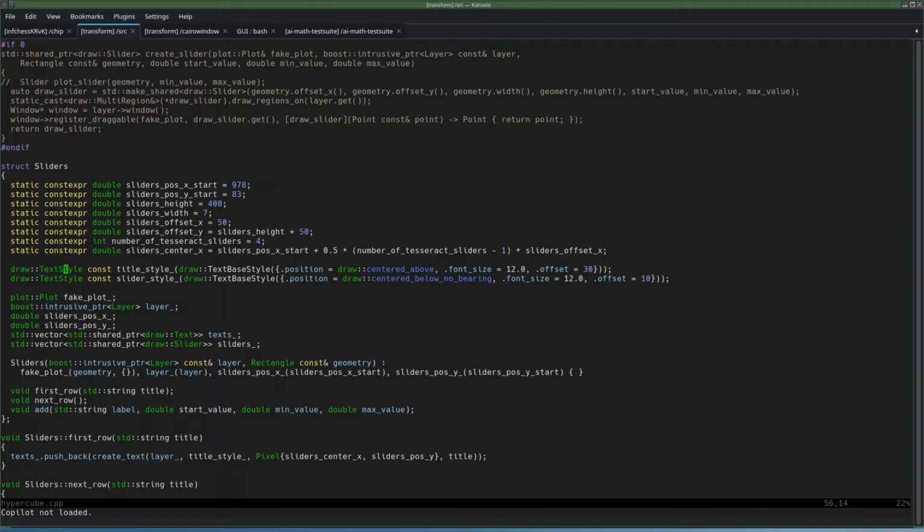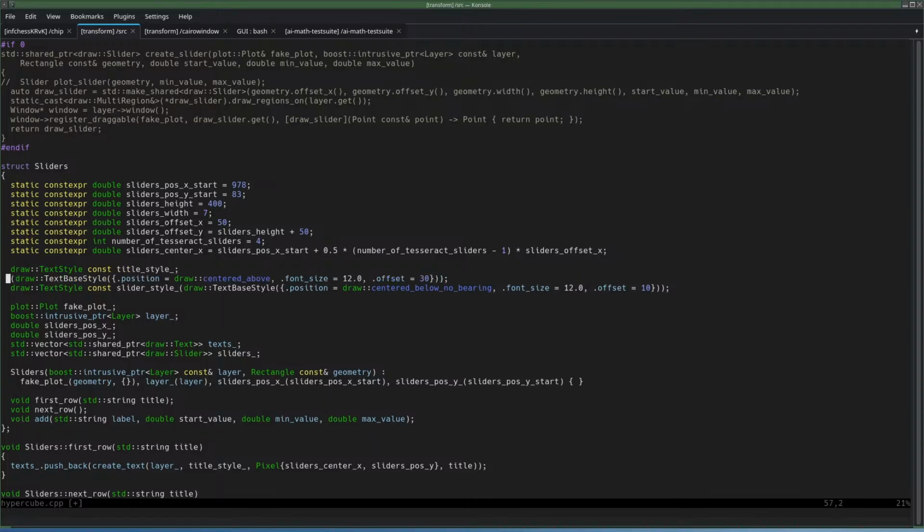Okay, let's put it in the constructor then. I don't need to do this.